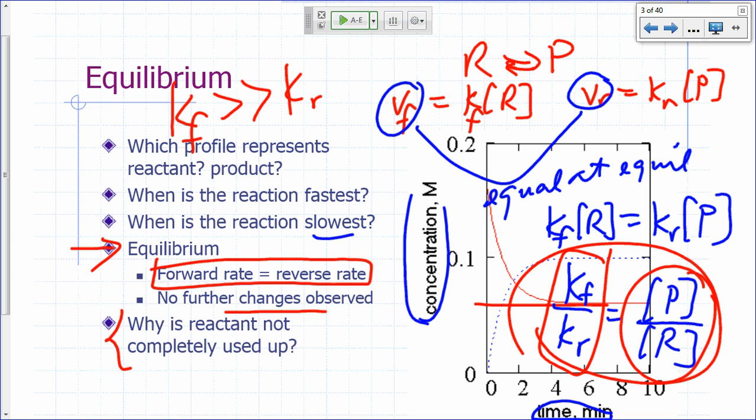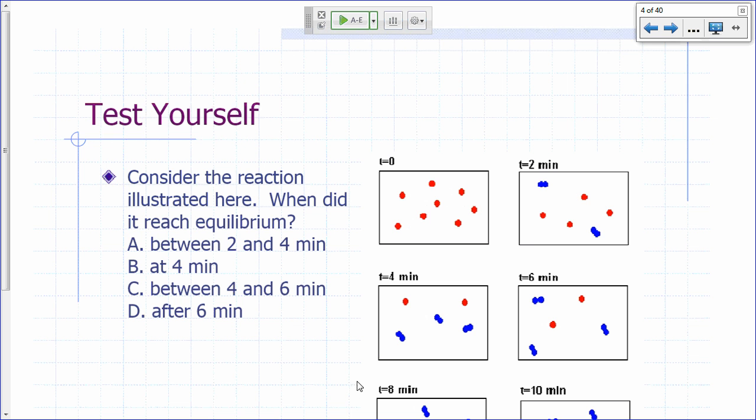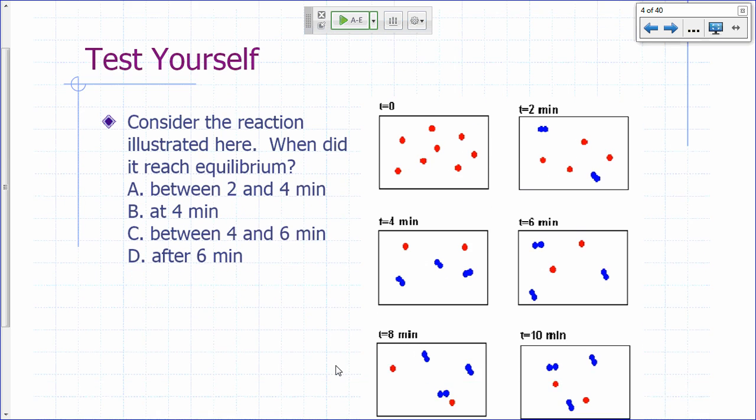This ratio is going to be a very big number if Kf is much, much larger than Kr. So the extent to which your reaction goes all the way to the product side depends on your rate constants. But the rates at equilibrium for forward and reverse are equal. It's the rate constants that determine how far the reaction will go.